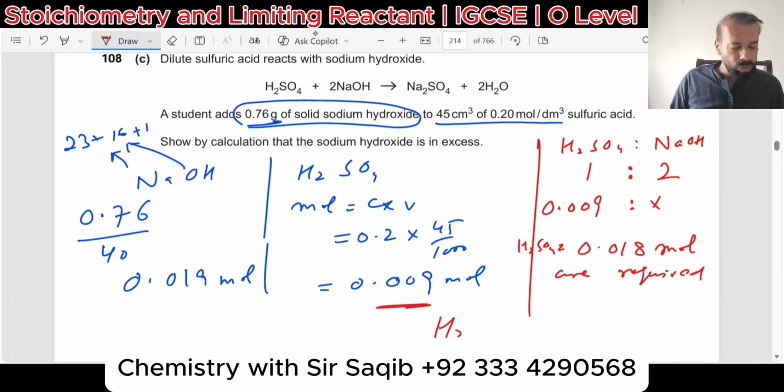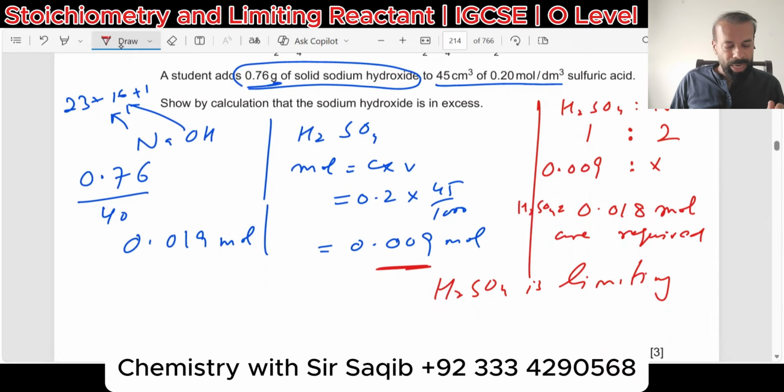So H2SO4 is limiting, and this limiting means sodium hydroxide is in excess. Okay, so you got this step.